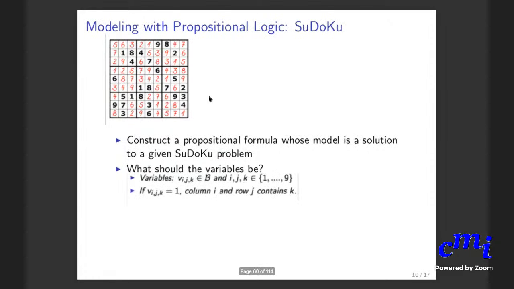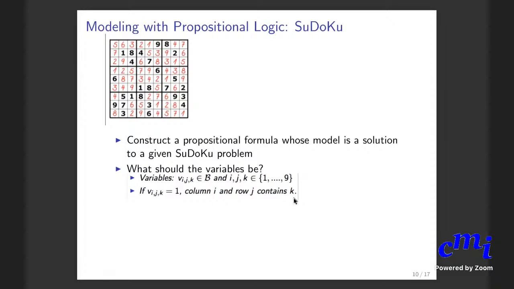Okay, so this is exactly what you said. So i, j, k will each be ranging from 1 to 9. And Vijk will be 1, and k is also from 1 to 9.